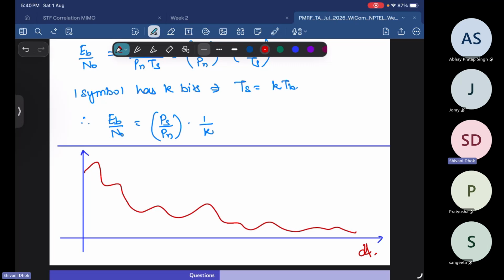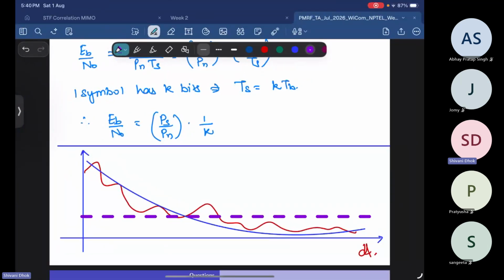But my receiver sensitivity is somewhere here. So this is the minimum received power with which my receiver can sense. Anything below that it can't sense.